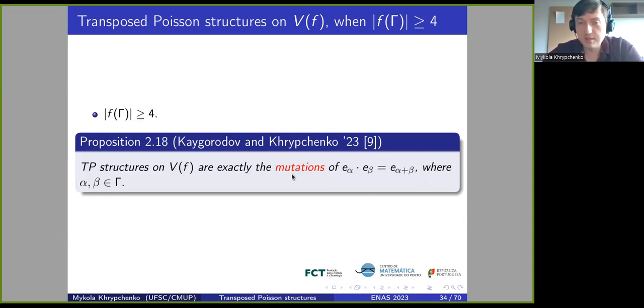Just observe that these are not mutations of the original Lie product. These are mutations of some other product that you can define on your vector space, that is the group algebra product. The mutations that were defined in the introduction are defined in terms of the original bracket. These products that are mutations of some other product on the same vector space are not defined in terms of the original product. But anyway, they can be described.